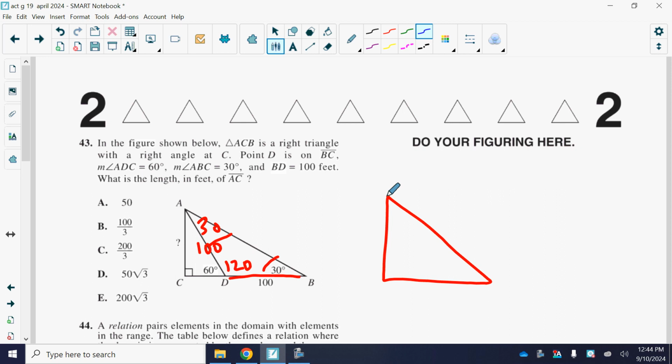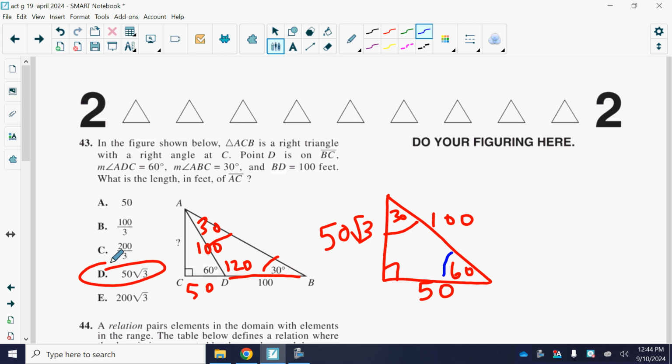Now you're dealing with a 30, 60, 90 right triangle. The side opposite the 30 is half the hypotenuse, so this bottom side is 50. And then you could do the Pythagorean theorem or know the rule. The 60 side is √3 times the 30 side. So the answer would be 50 √3.